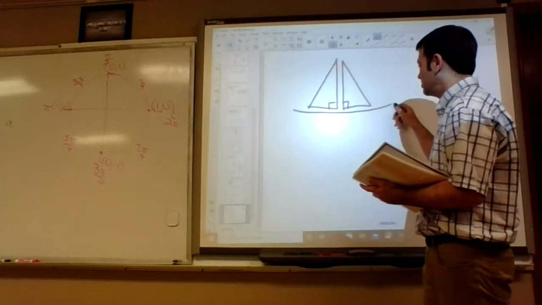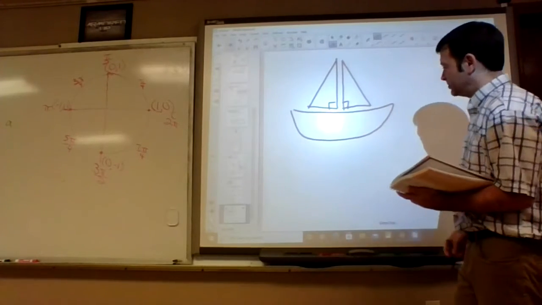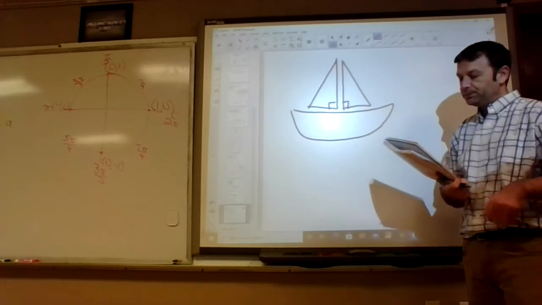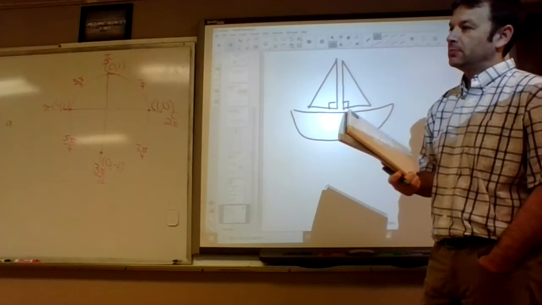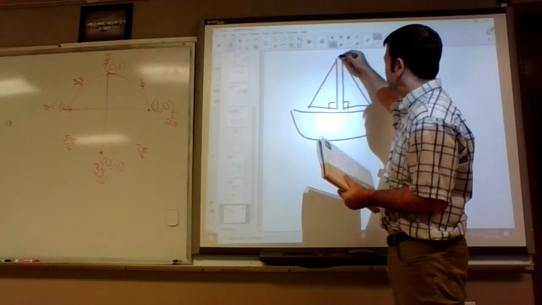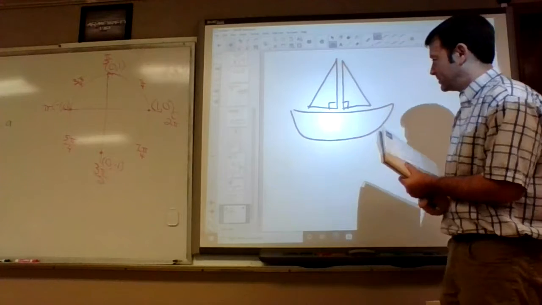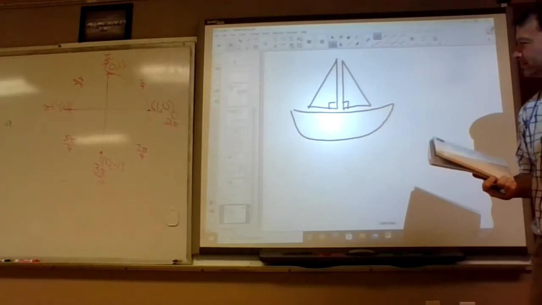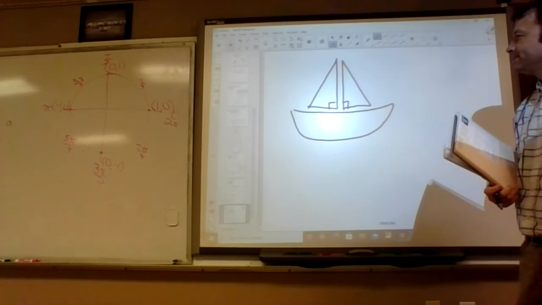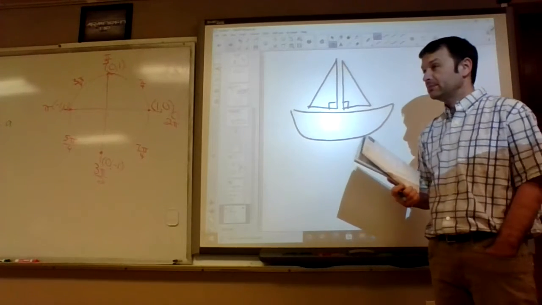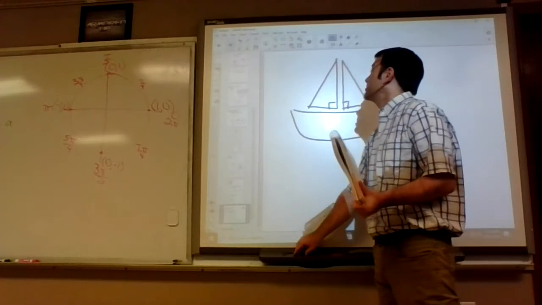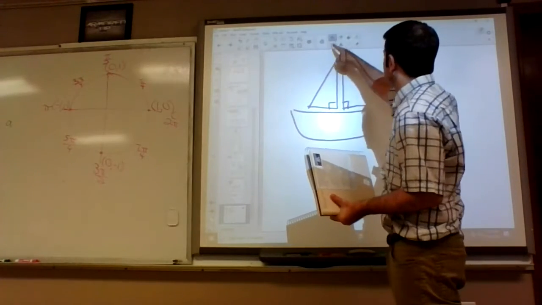Here's my boat. Banana boat. It does look like a pumpkin. I can't unsee it. Oh no, it does. Can you draw the pumpkin around it real quick? This is efficient use of our time. Happy Halloween.